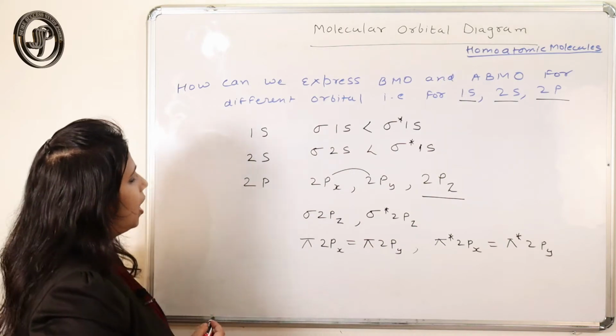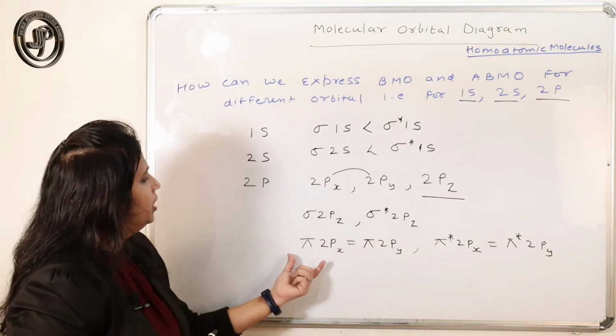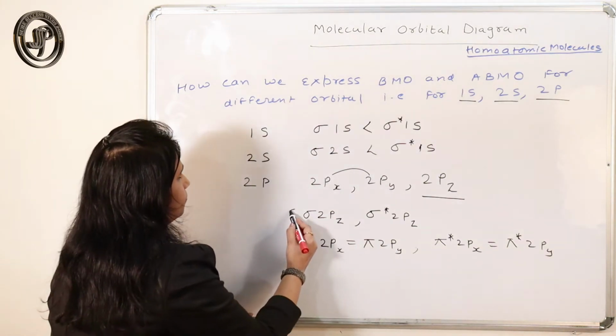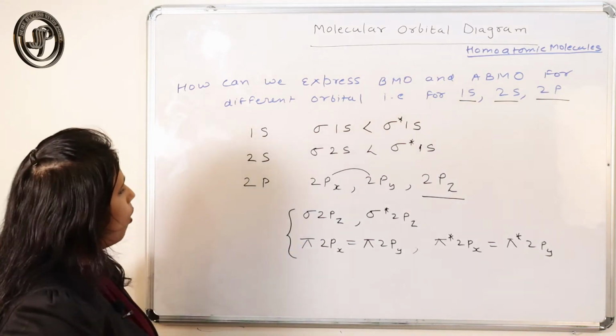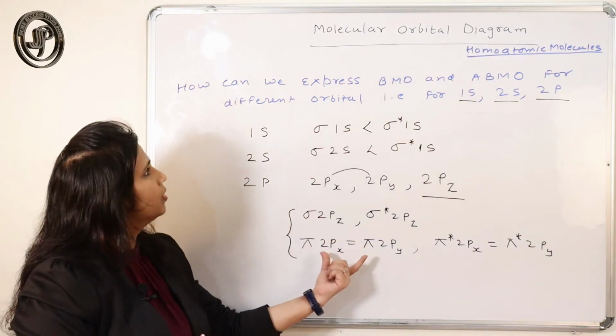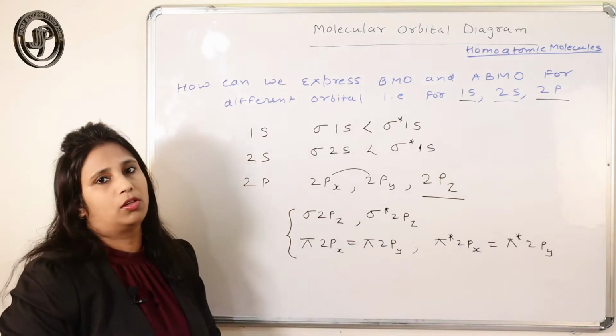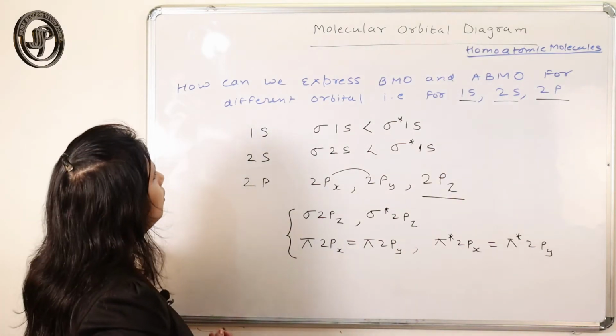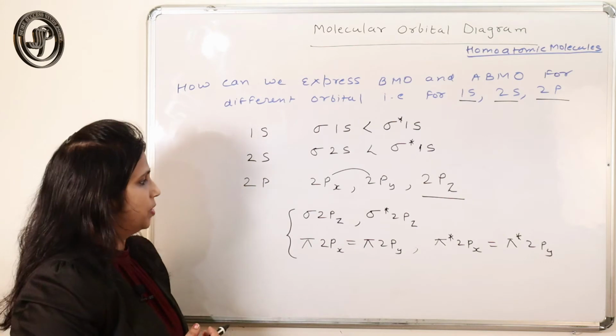These are the bonding and anti-bonding molecular orbitals for the p orbitals.